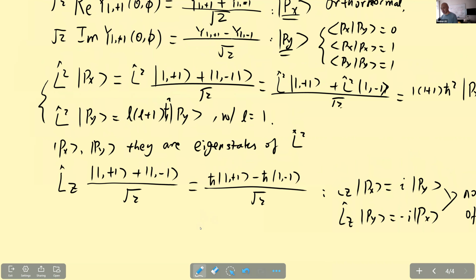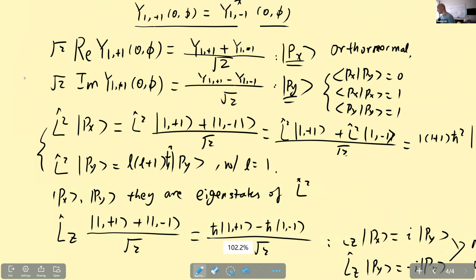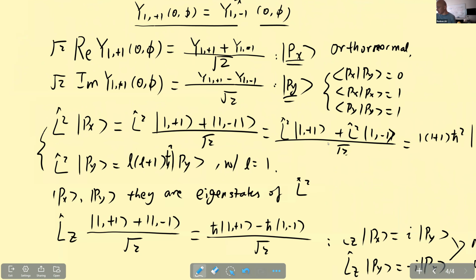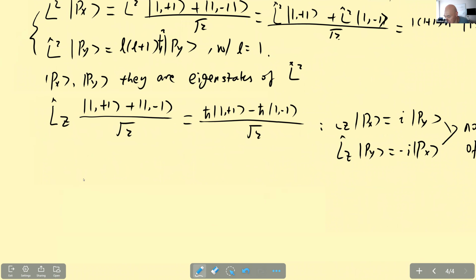But anyway, we can still get a lot of information about these px, py states. Of course, you may wonder, how about the zero state? Remember this zero state equals PL0 cosine theta, times e to the i times 0 times phi, so it is already a real function.